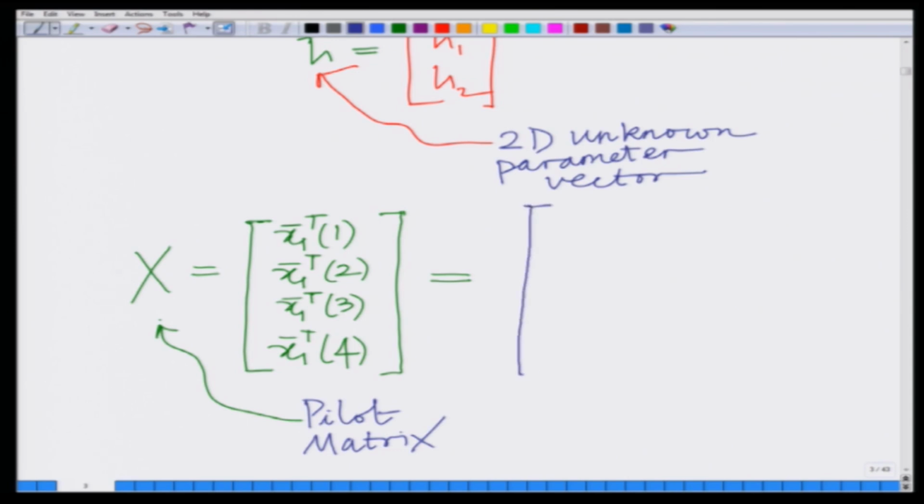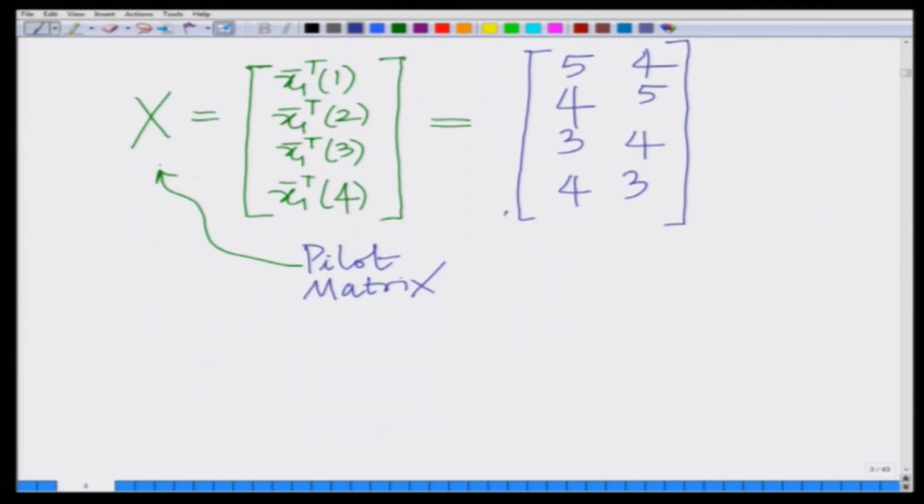From our formulation of the channel estimation for the multi antenna, x1 bar transpose is 5 comma 4, x2 bar transpose is 4 comma 5, 3 comma 4, 4 comma 3, and as you can see, this is a 4 cross 2 matrix, or n cross m.